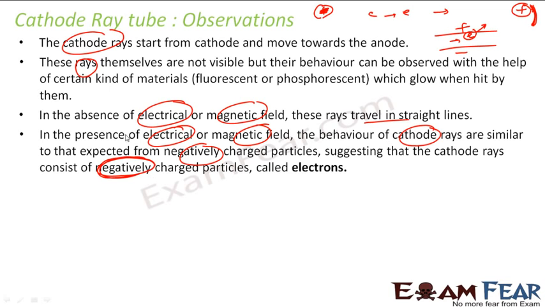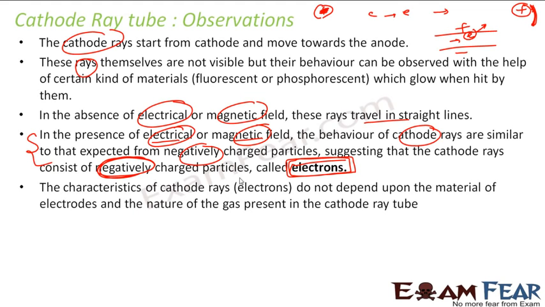He was very sure that the thing hitting the fluorescent material is something with a negative charge, and he called it the electron. This is the place where he discovered the electron.